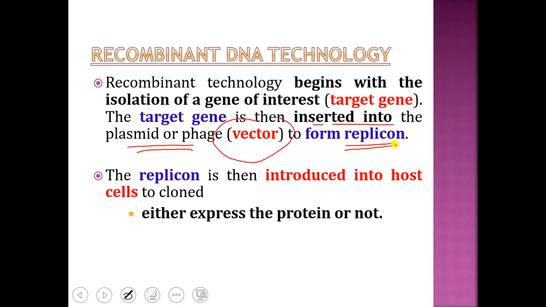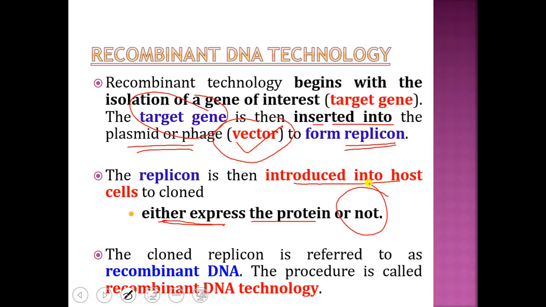So this replicon, once produced, is nothing else but a vector having our target gene. It will be introduced into the host cells. After that, either that gene undergoes expression and produces the protein, or it may remain as such. So we get copies of that particular DNA.